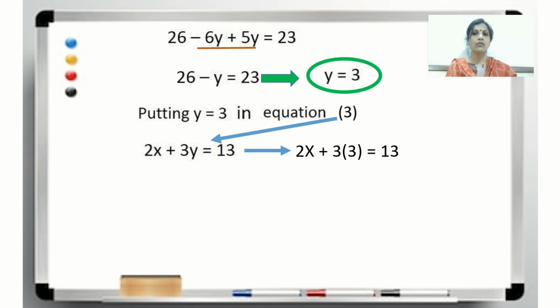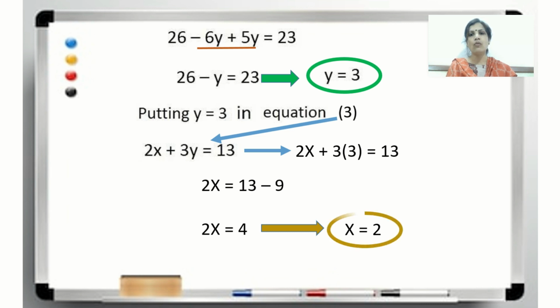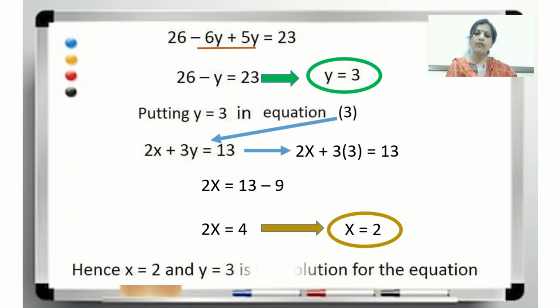So 2x is equal to 13 minus 9. 13 minus 9 is 4. 2x is equal to 4, and therefore x is equal to 2. And so we found the value of x as well. So x is equal to 2 and y is equal to 3 is the solution of the given equations.